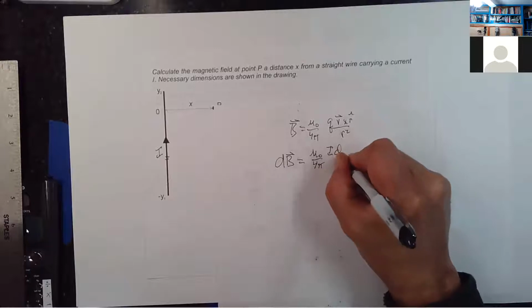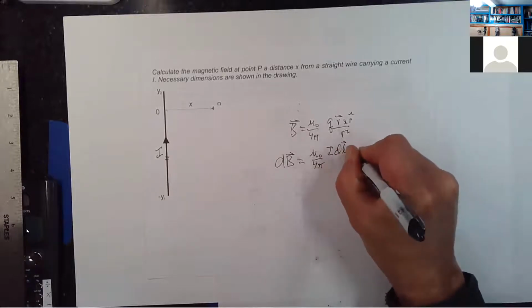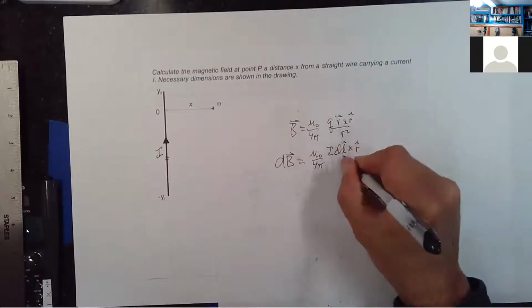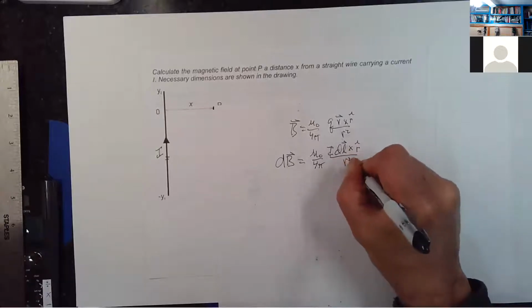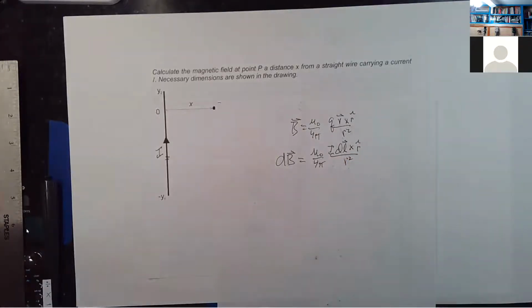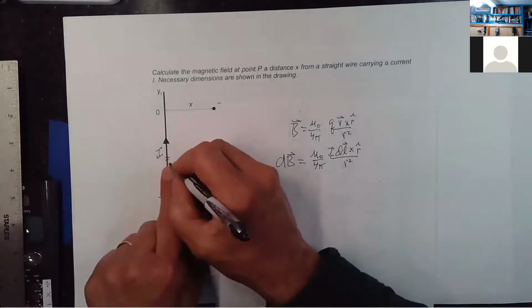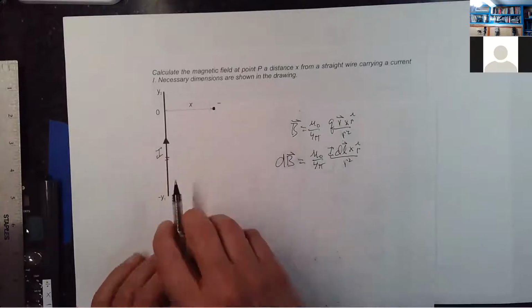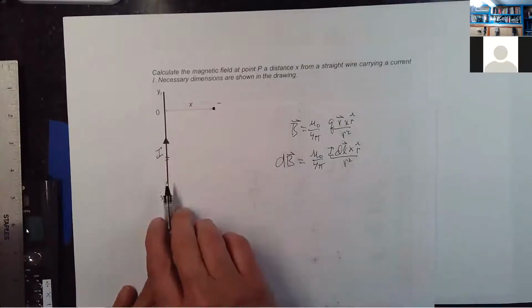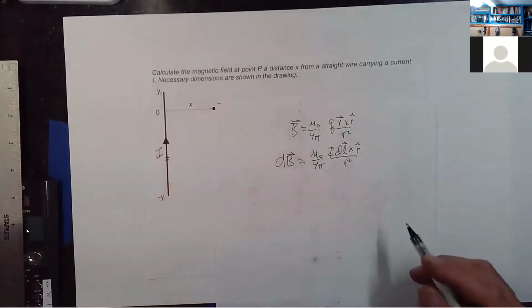I dl cross r hat over r squared. dl would be a little length of the wire, and as a vector it's pointing in the direction of the current flow.